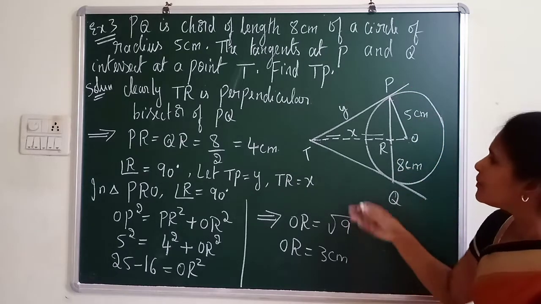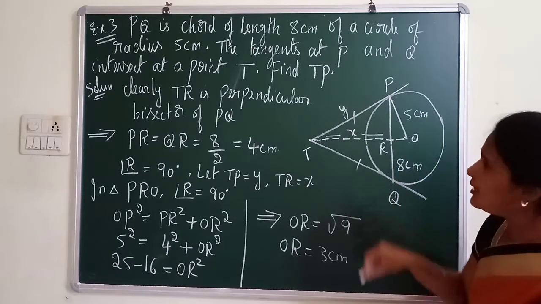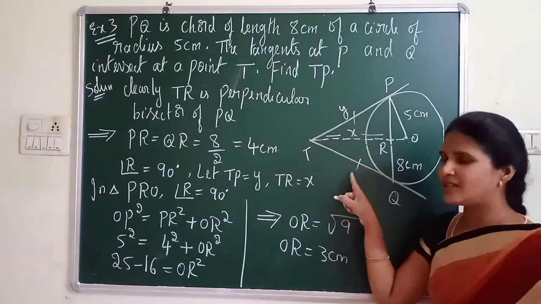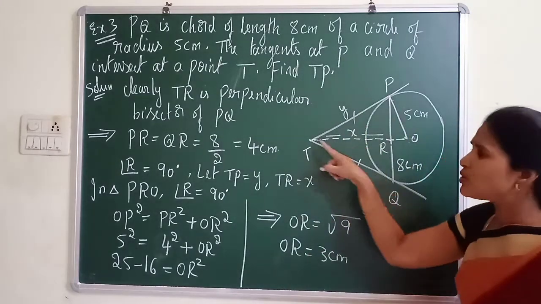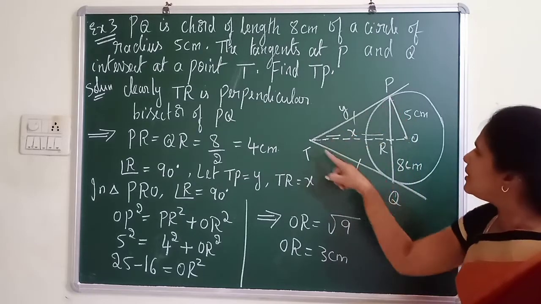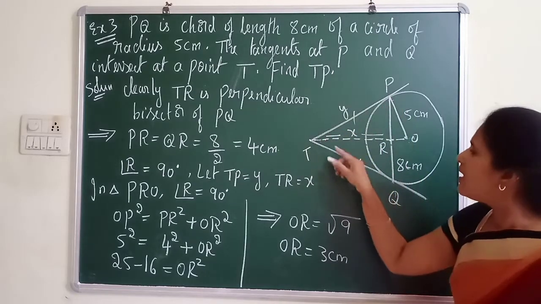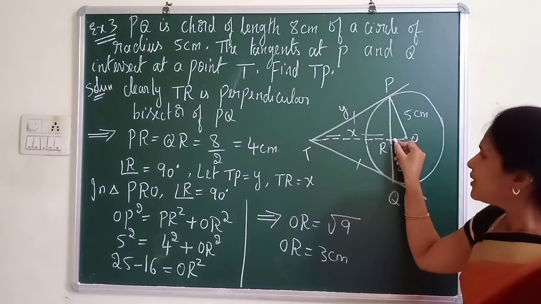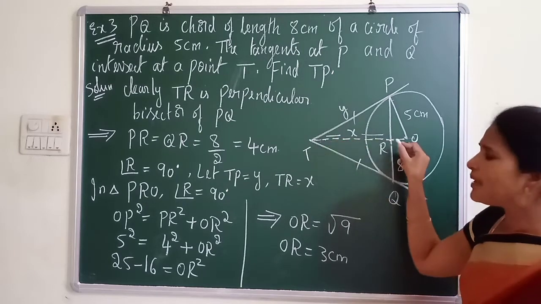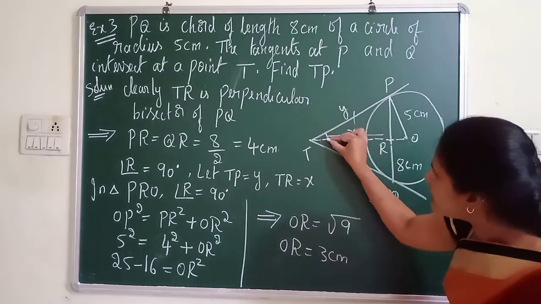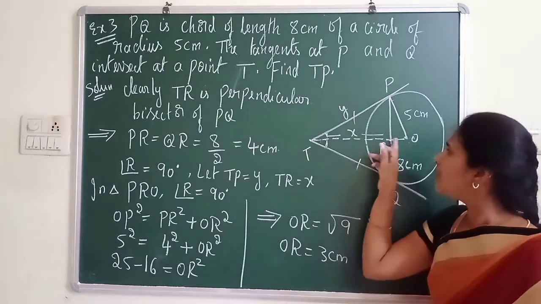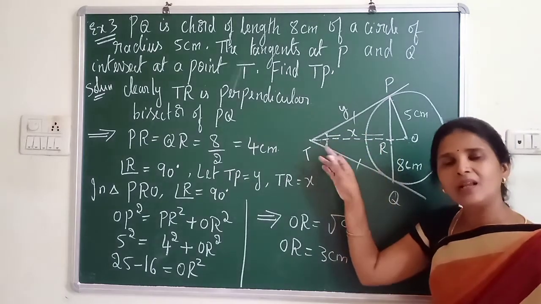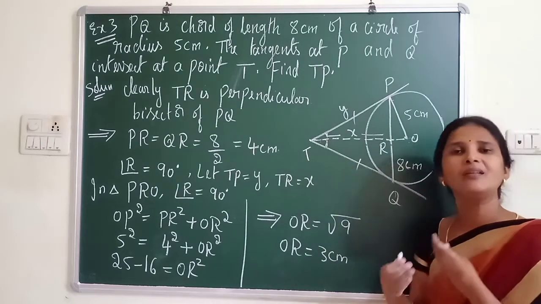How can you prove it? You know that TP and TQ are two tangents and the tangents are equal, and it becomes an isosceles triangle. So TPQ is an isosceles triangle, and for this line, I cannot tell directly that it is a perpendicular bisector, but I can prove that these two angles are equal. As you learned in 9th standard, the line which bisects the vertical angle also bisects the base at 90 degrees.